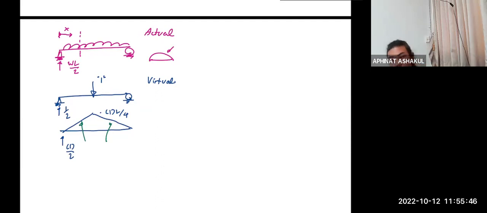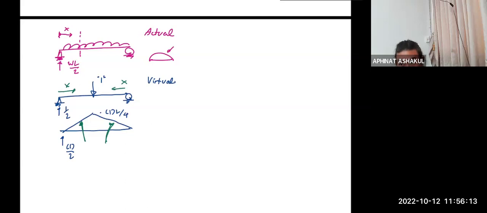But again, because we have a symmetric structure in the virtual case, this equation and that equation are the same, if you start one x from here and another x from there. Essentially, it's the same equation.